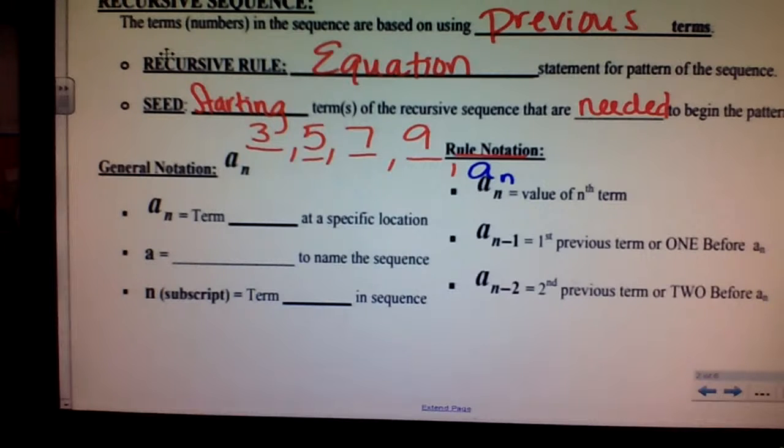So they want me to find this 5th term, which is technically A sub 5. If you count, this is A sub 1, A sub 2, A sub 3, A sub 4, so this would be A sub 5.